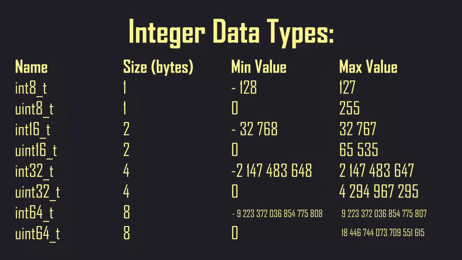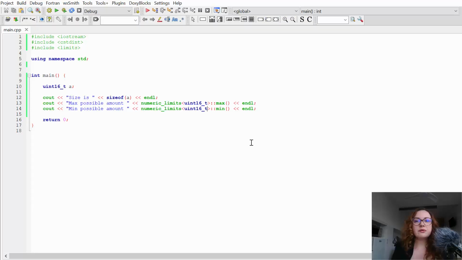So this is it. If you want to be 100% sure about your integer types, if you want to guarantee that your program is going to work the same on different machines, use the cstdint library and use these data types where the size is fixed.